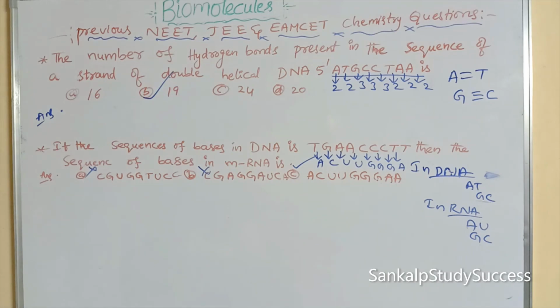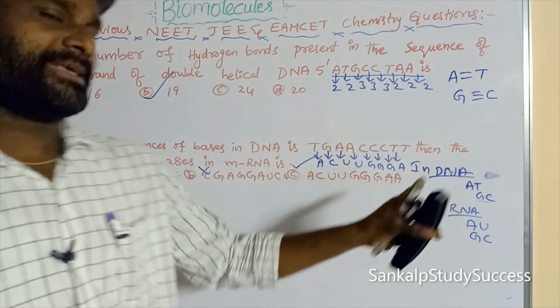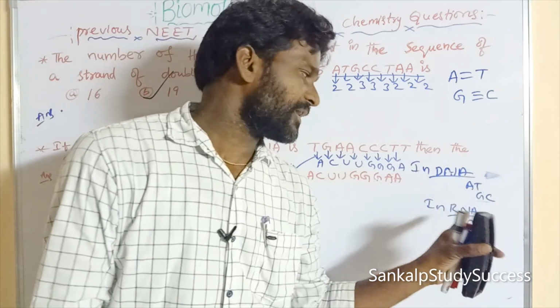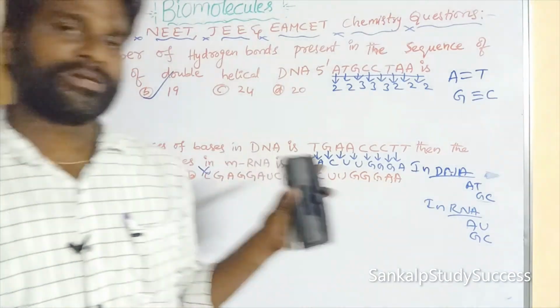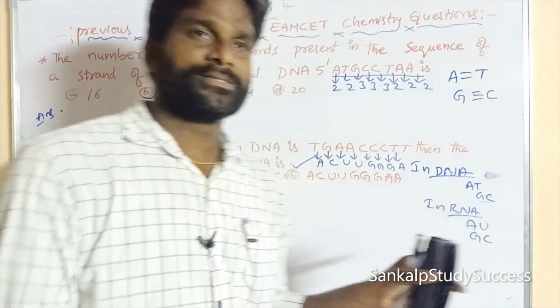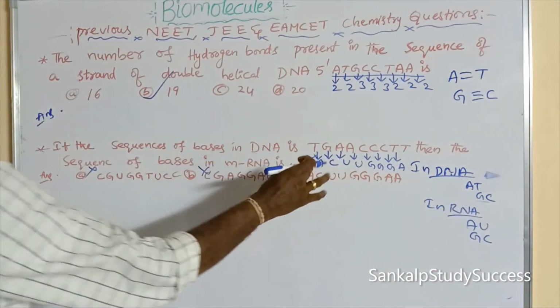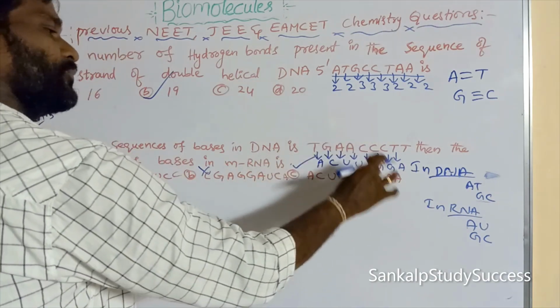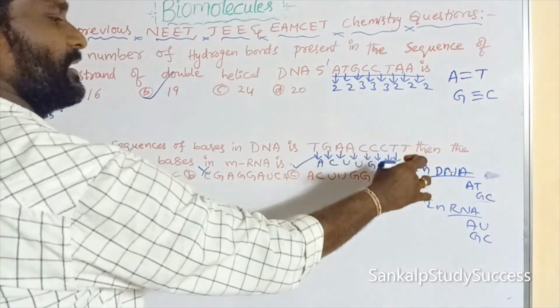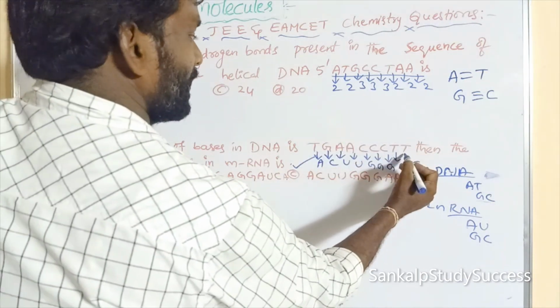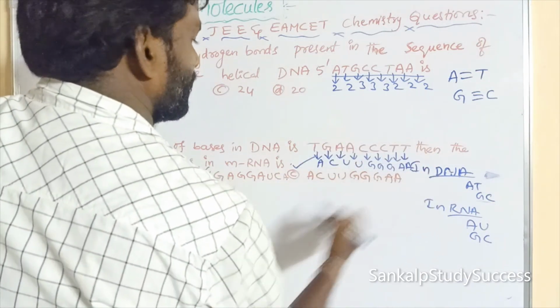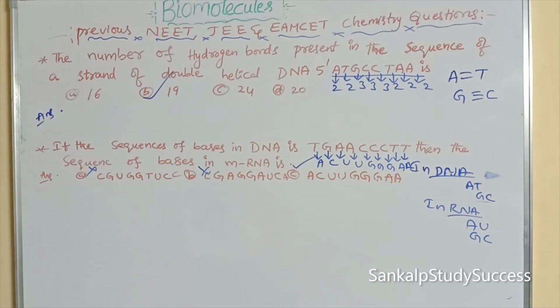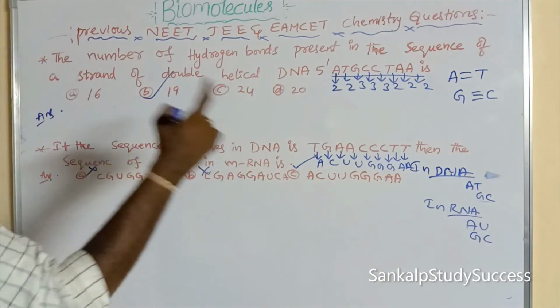In DNA, the bases are AT Government College. In RNA, AU Government College, Andhra University Government College. According to this, we write the complementary bases one by one. So this is the sequence of bases in mRNA.